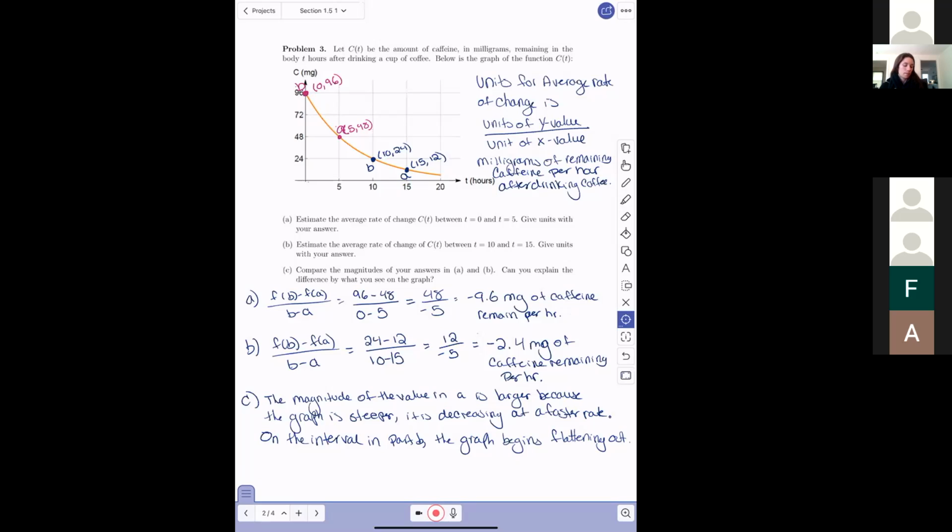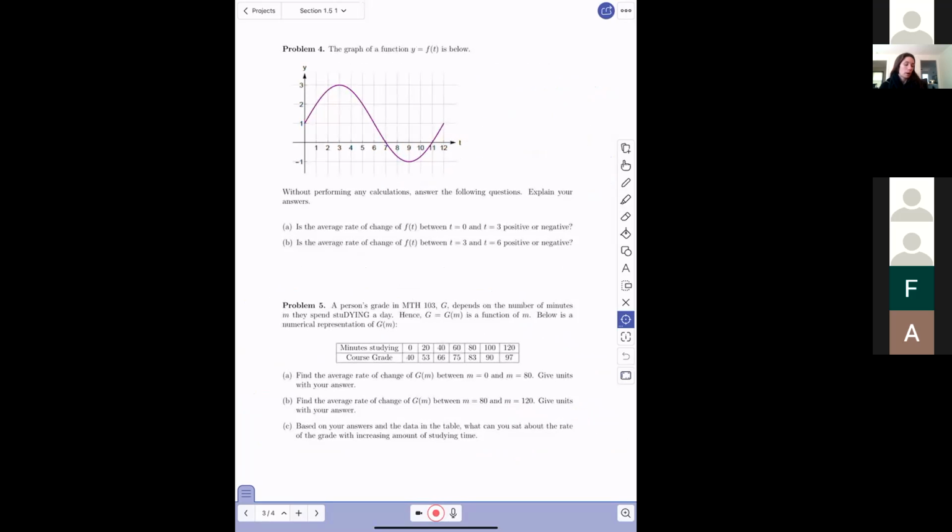All right. Problem 4, we'll just do part A together. Kind of went over this before. Part A. Is the average rate of change between t equals 0 and t equals 3 positive or negative? Well, let's see. T equals 0 is here and t equals 3 is here.